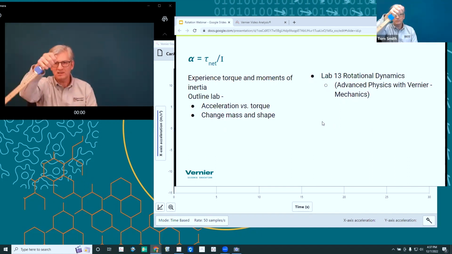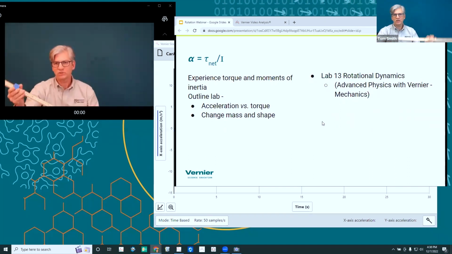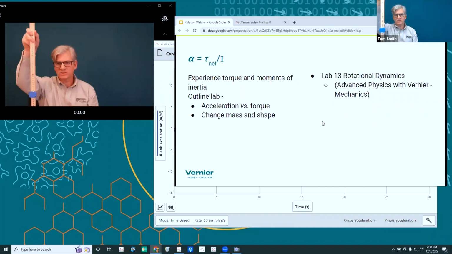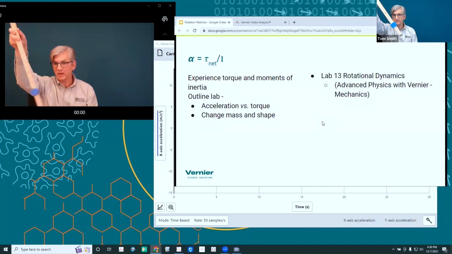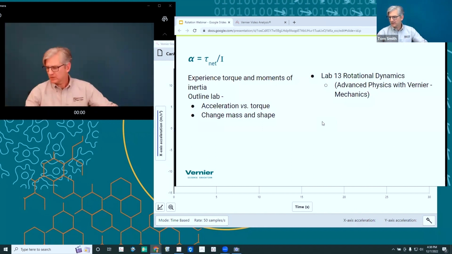And they can see pretty quickly through this really simple experiment that it's a lot harder to rotate when the mass is further away from the point of rotation. That takes a lot more effort. So that gets a little bit to moments of inertia.